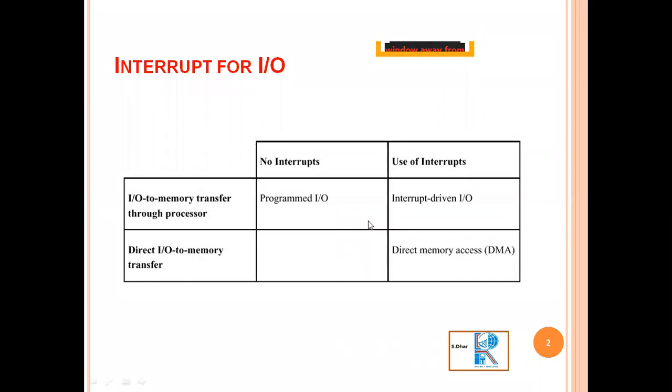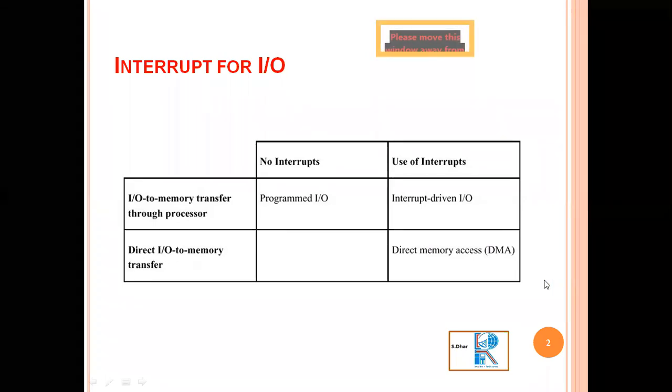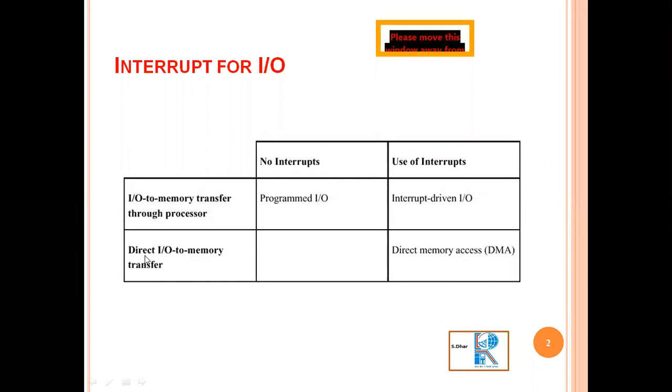But see here, in both cases, the CPU is involved. Here it is written I/O to memory transfer through processor. That means in both programmed I/O and interrupt-driven I/O, the CPU is involved in the operation. Today we learn a different technique where data can be transferred from memory to I/O device without the intervention of the CPU.